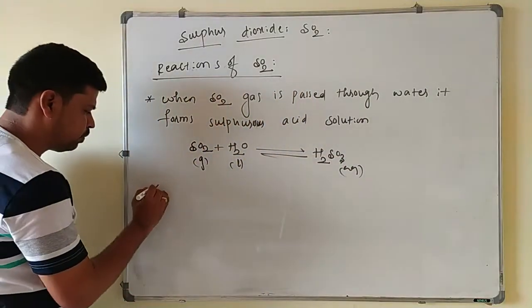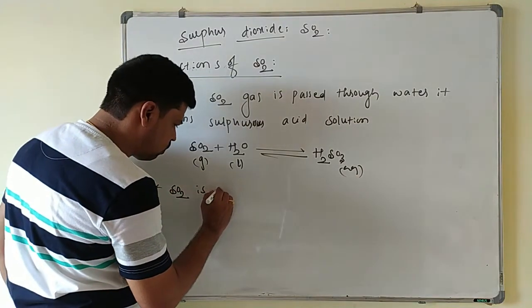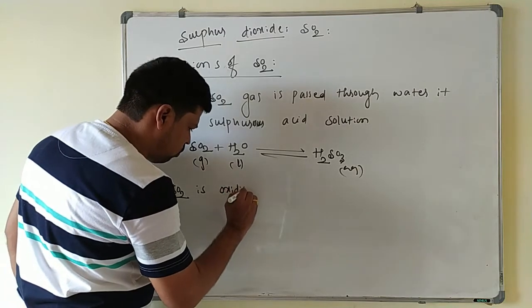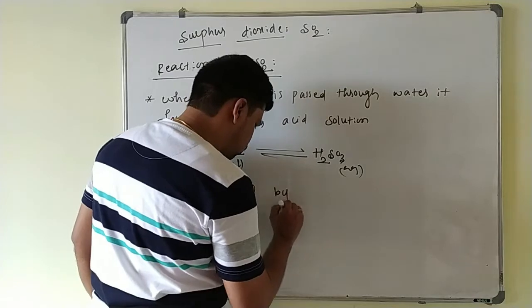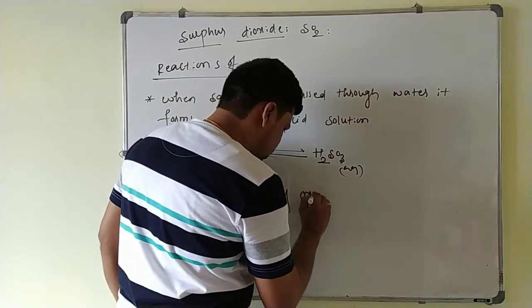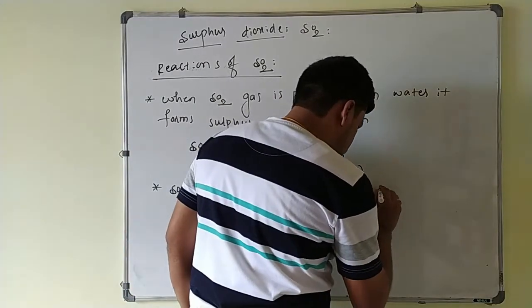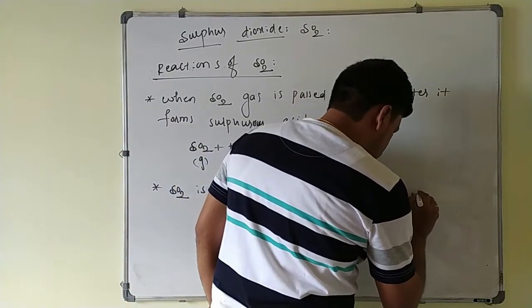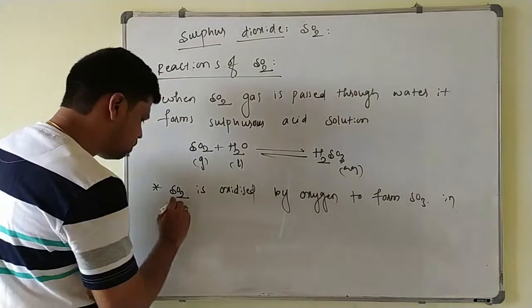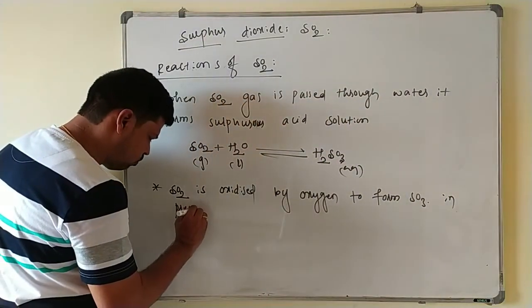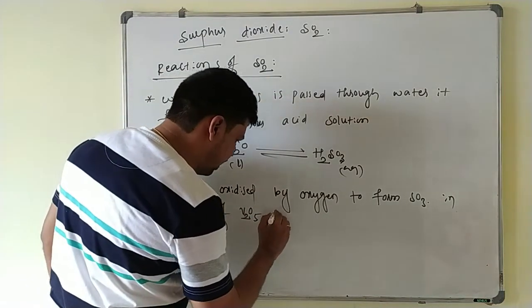Next point, SO2 is oxidized by oxygen to form SO3 in presence of V2O5 catalyst.